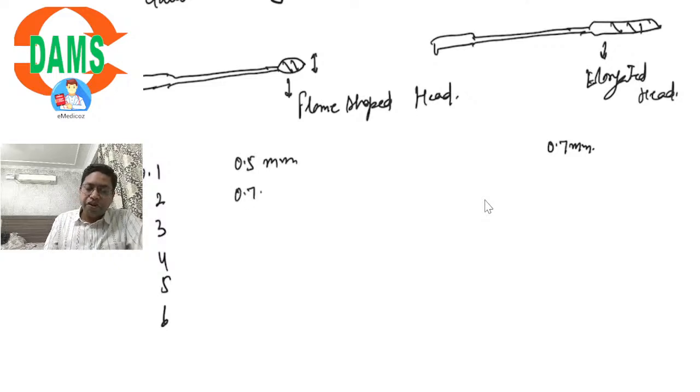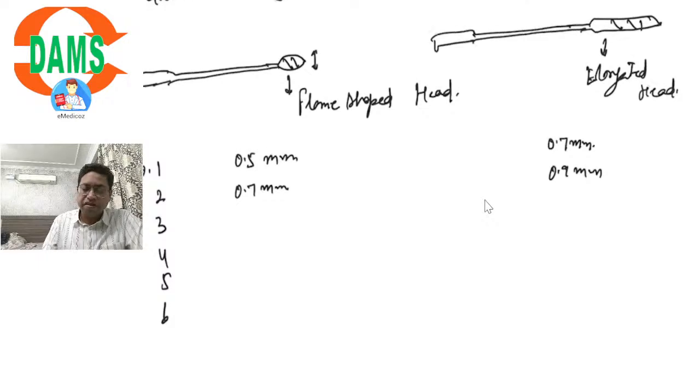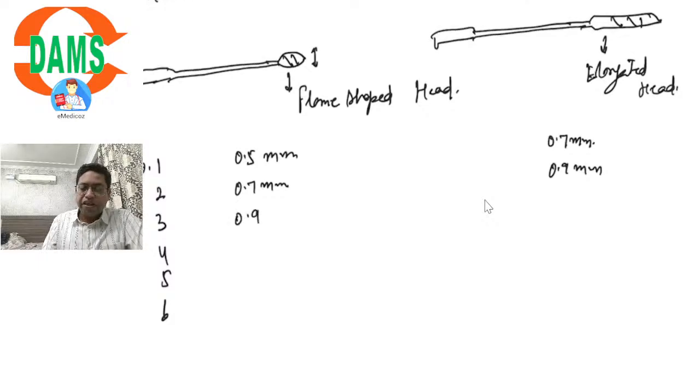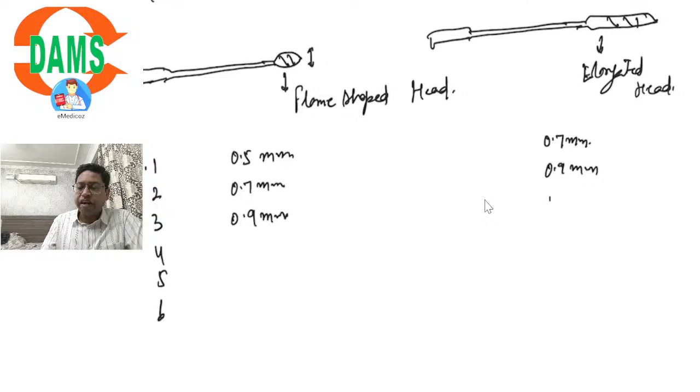Number 2, 0.7 millimeters for GG drills, 0.9 millimeters for peeso reamers, an increment of 0.2 millimeters. Number 3, 0.9 millimeters for GG drills and 1.1 millimeters for peeso reamers. Number 4, 1.1 and 1.3 millimeters. Number 5, 1.3 and 1.5 millimeters.